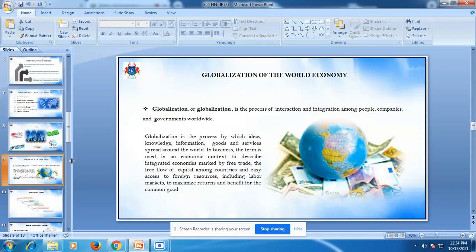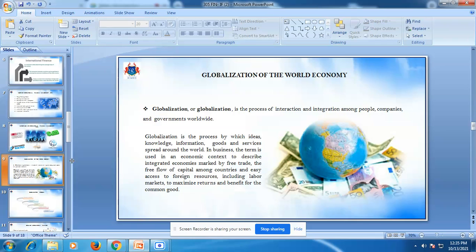The next feature is the sourcing of factors of production and inputs like raw material, machinery, finance, technology, human resources, and management skill from the entire globe.